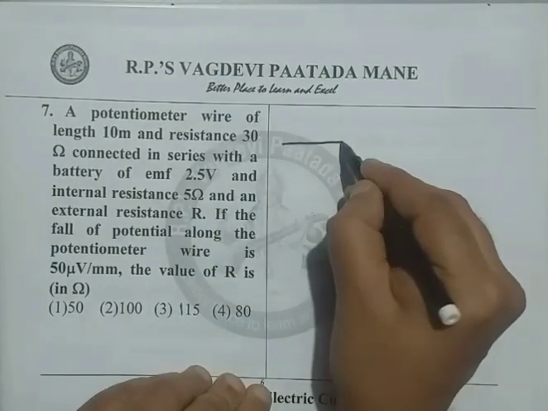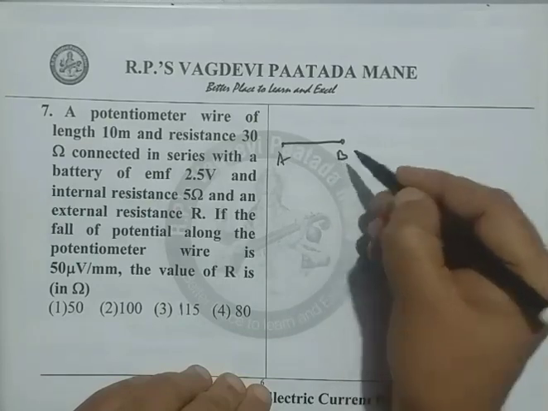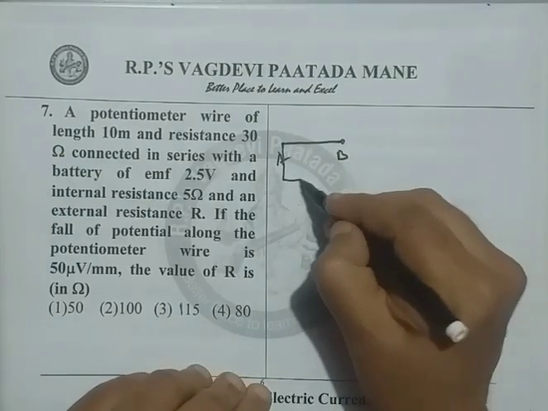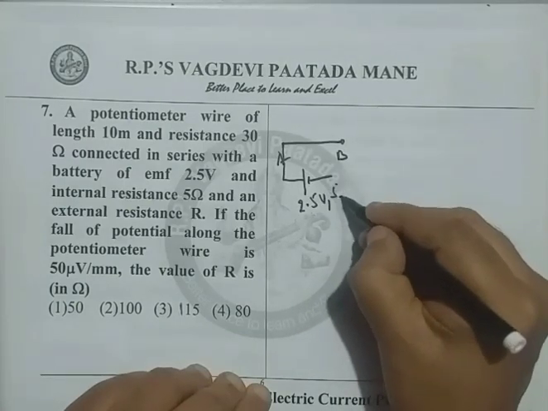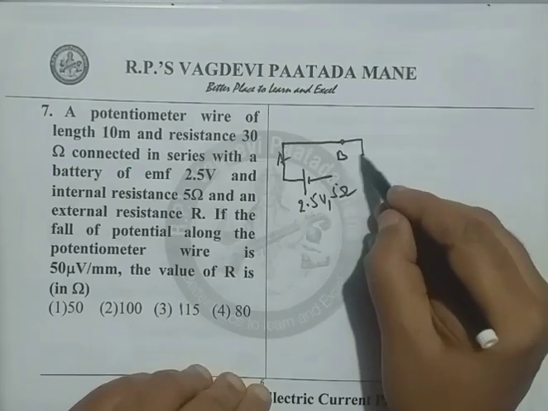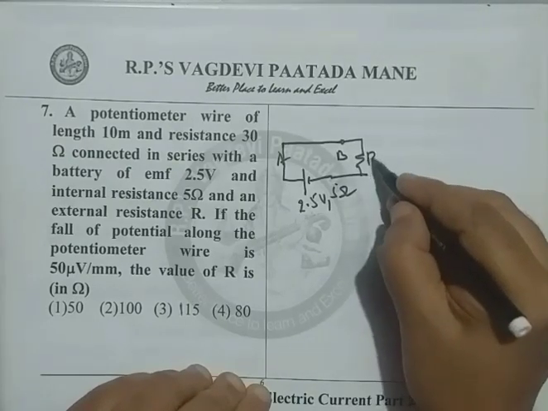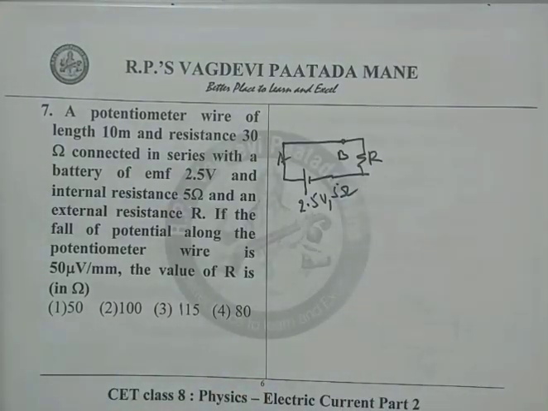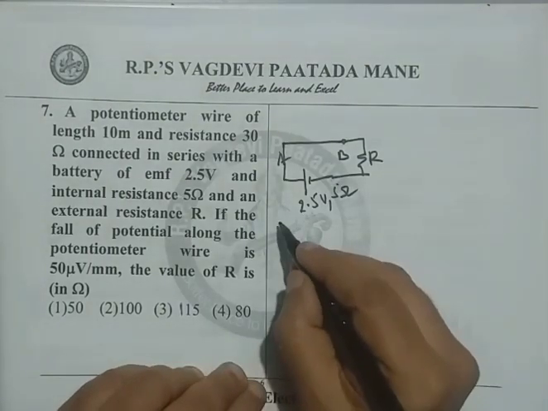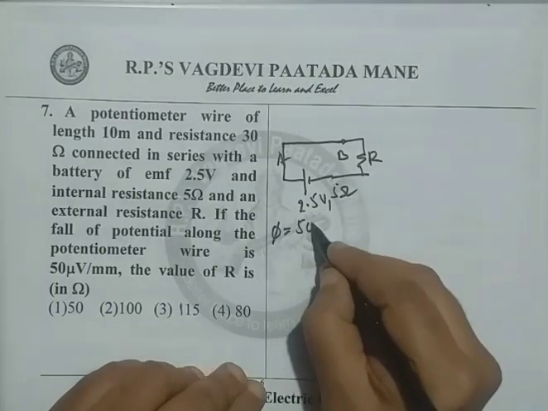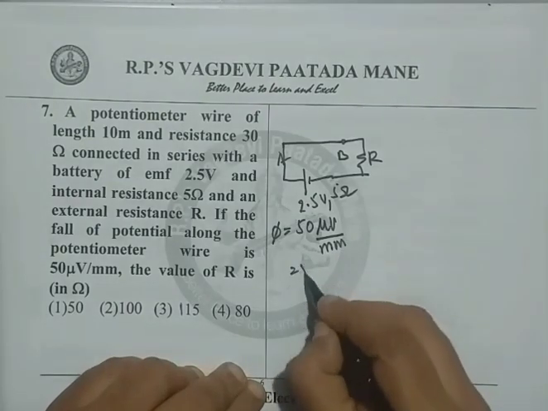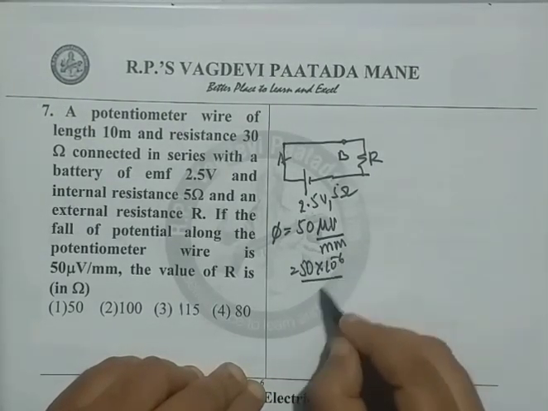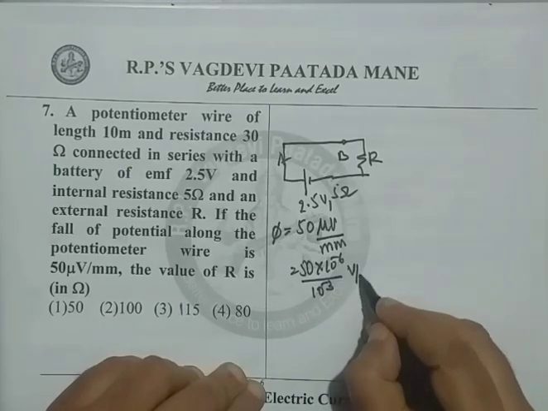Say we have a potentiometer wire AB and it is connected to a battery or EMF source of 2.5 volt, 5 ohm internal resistance and an external resistance R. If the fall of potential along the potentiometer wire is 0.50 microvolt per millimeter, that means potential gradient is given to be 50 microvolt per millimeter, which I can write as 50 into 10 raised to minus 6 by 10 raised to minus 3, in millivolt per meter.